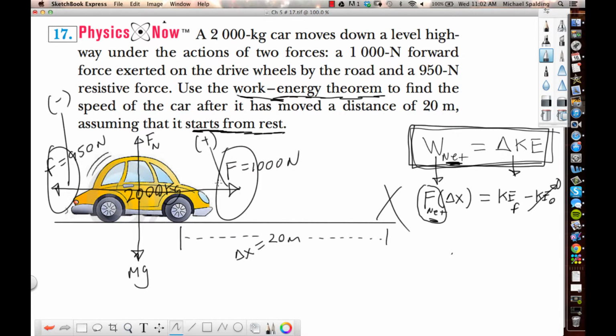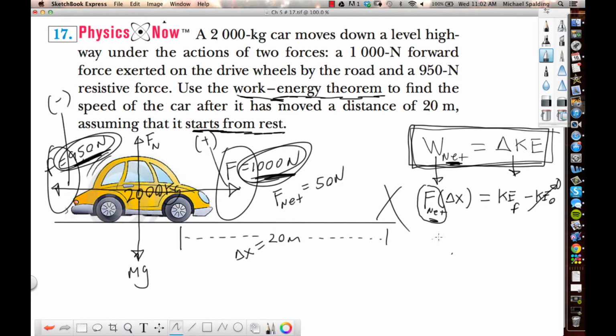If you look at this here, we have 1,000 newtons to the right and 950 to the left. What does that simplify to? 50 to the right. The net force on the car is 50 newtons, right? 1,000 and 950 simplify to 50.